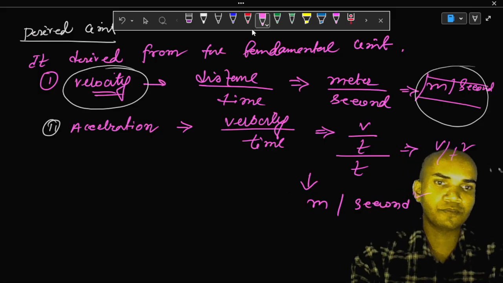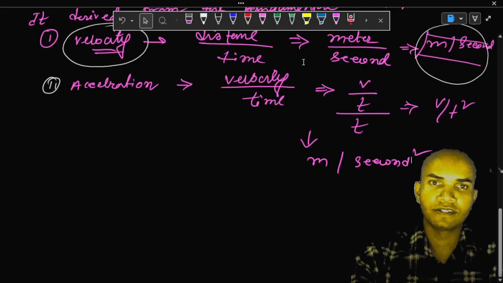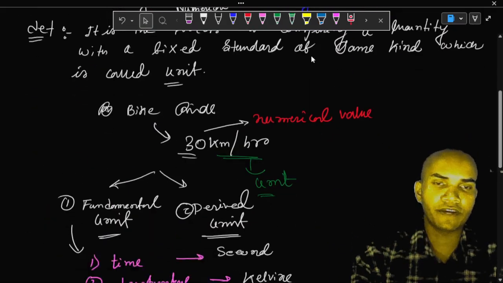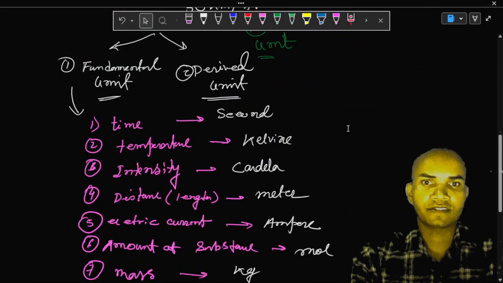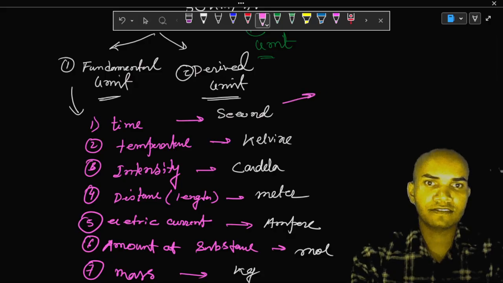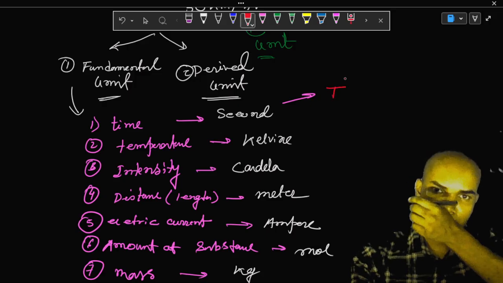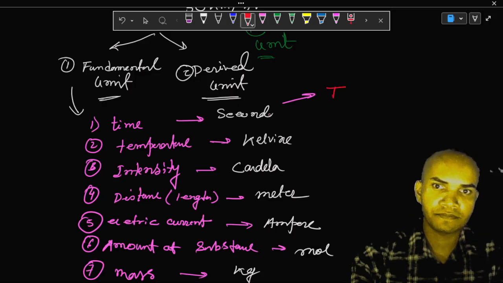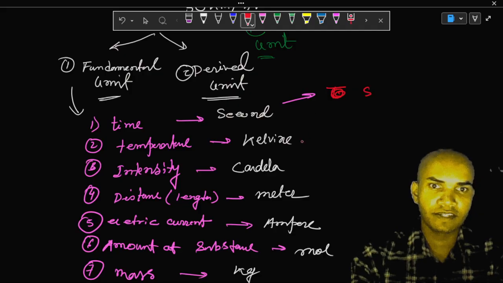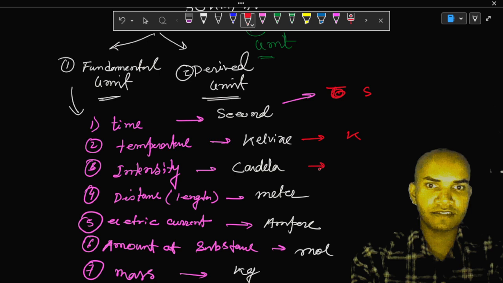But before we jump ahead, I want to say something about the symbols of fundamental units. Time is defined with the symbol second, s. Temperature is Kelvin, K. Luminous intensity is candela, cd.